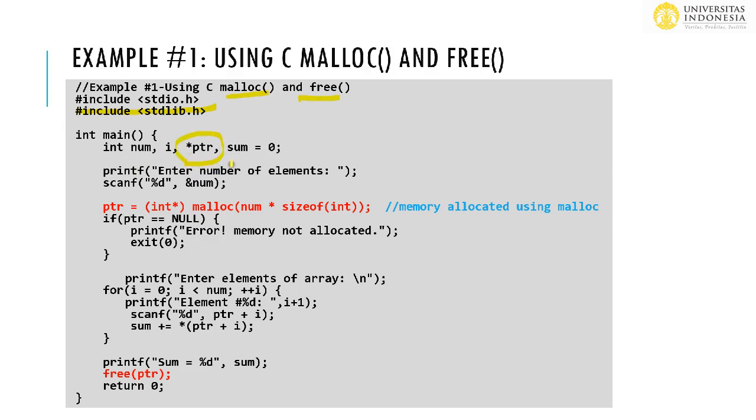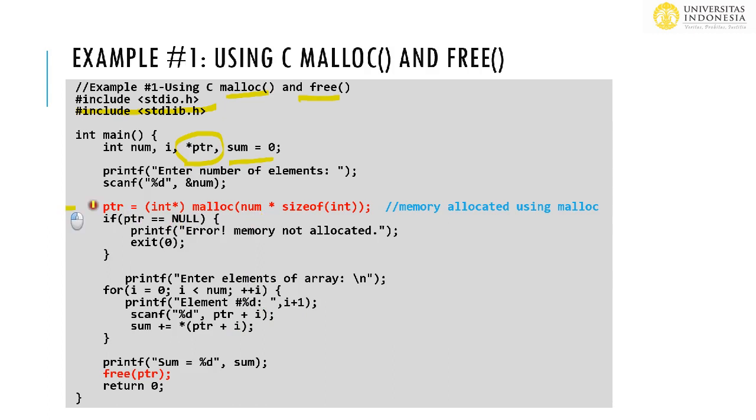PTR is the pointer for the memory allocation to be used later, and you sum the elements of the array or the variables.